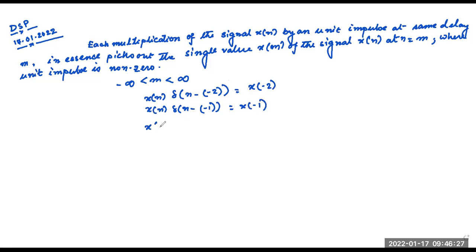Same as x of n into delta n minus 0, that is x of 0. Same, x of n into delta n minus 1, that is x of 1. Same, x of n into delta n minus 2, that is x of 2.